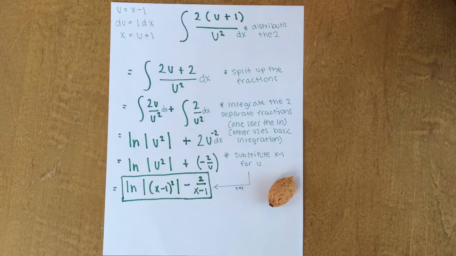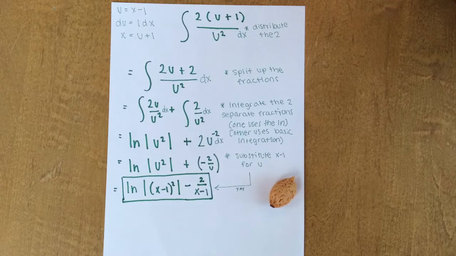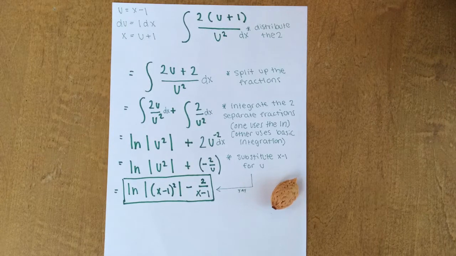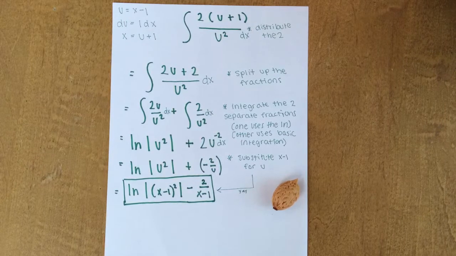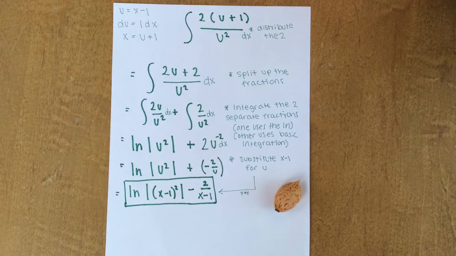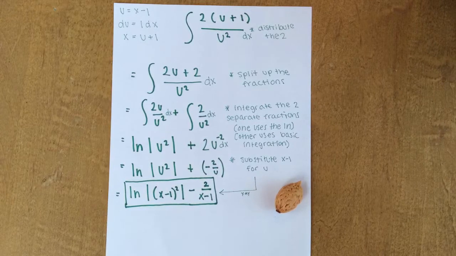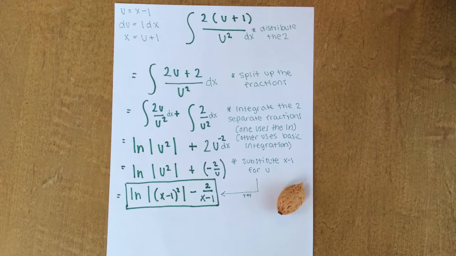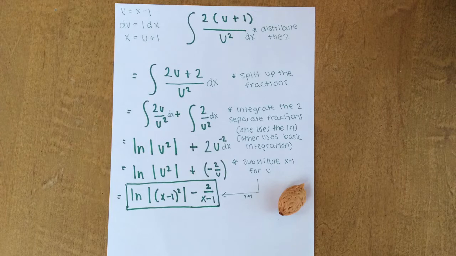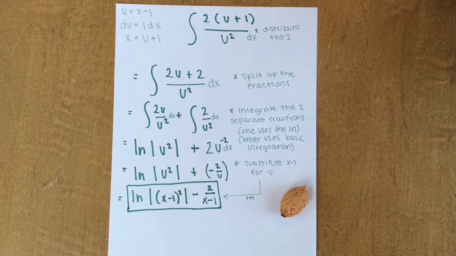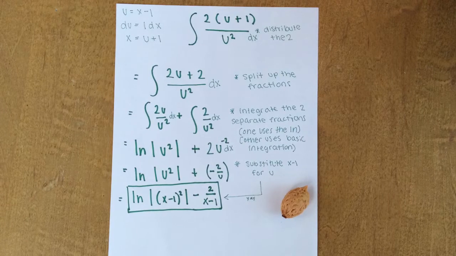So for this example, we're going to be using the natural log at the end of the problem, but we're going to start by using the substitutions in the left-hand corner of the page, and then we're going to distribute the 2, and then we're going to split up the fraction and integrate the 2 pieces separately. And then after that, we're going to use the natural log form to integrate on the left side, and then just the basic integration with the exponents on the right side.